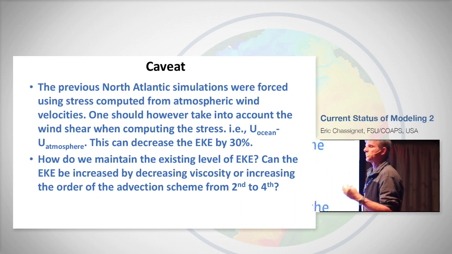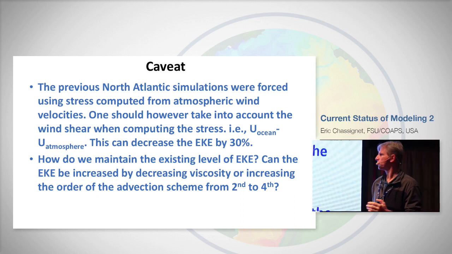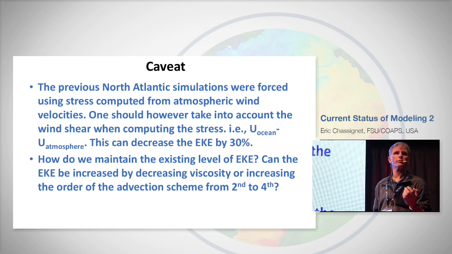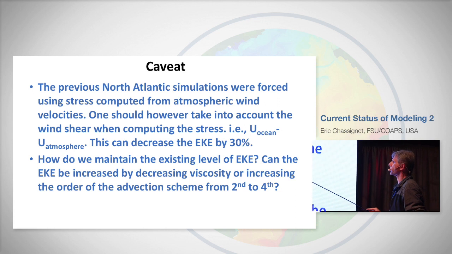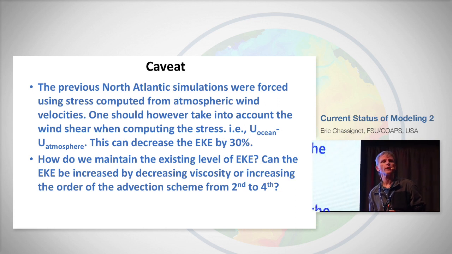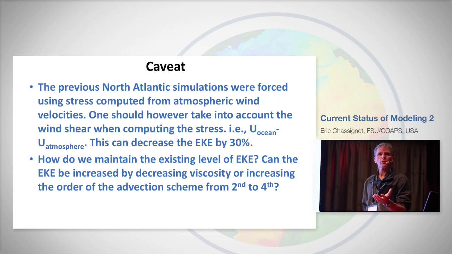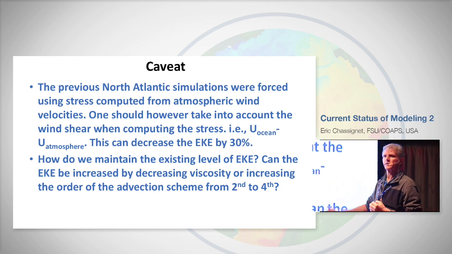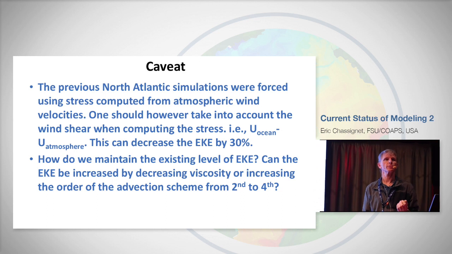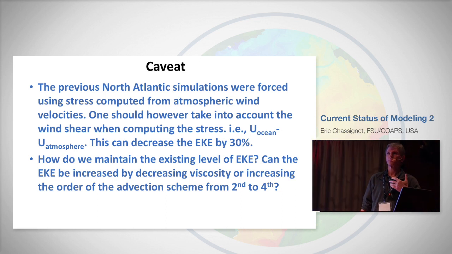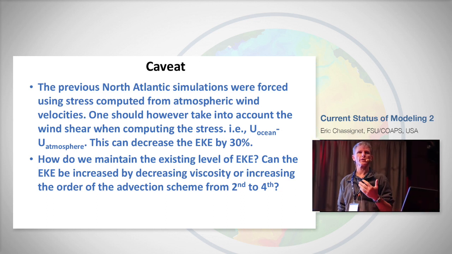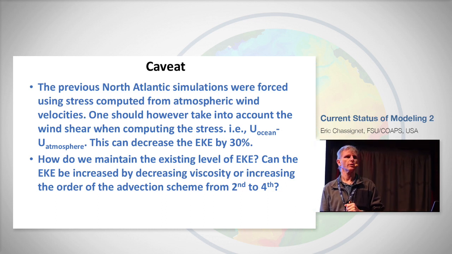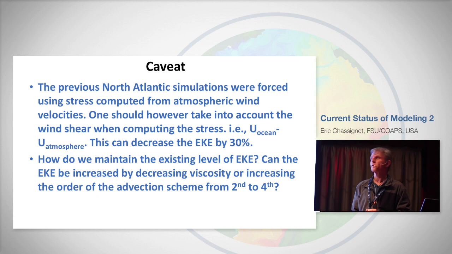So technically, what you're supposed to do is to take into account what we call the relative wind, or the difference between the velocity of the ocean and the atmosphere. Now, the atmosphere can respond to this, so it's not a perfect parameterization. But when you do that, you decrease EKE by 30%. So we're pretty happy that our numerical model has the same level of EKE as the observations, but if I'm going to use this relative wind, suddenly the EKE is going to decrease.